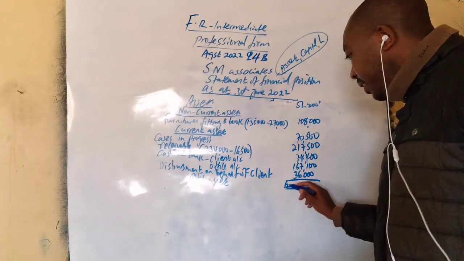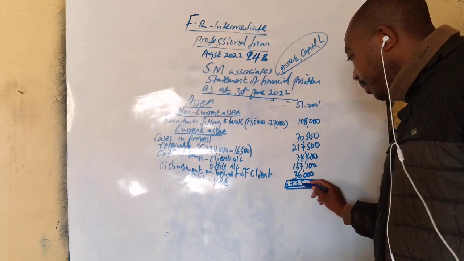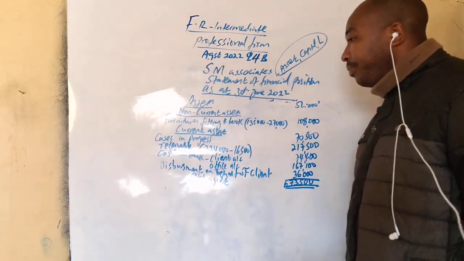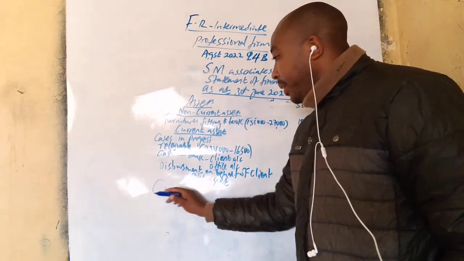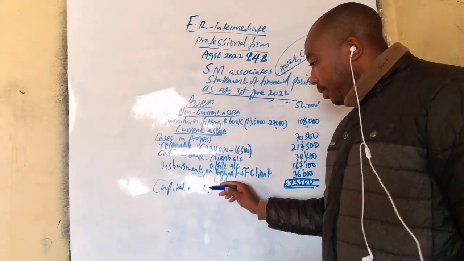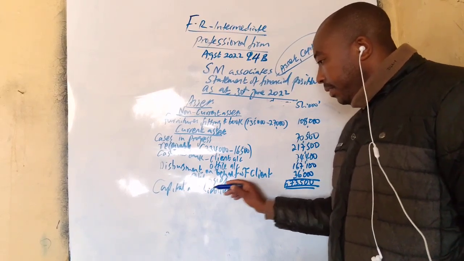Yes, I can hear someone telling us 673,500. That is the total asset. Once we are done with total asset, we go to capital and liabilities as usual.